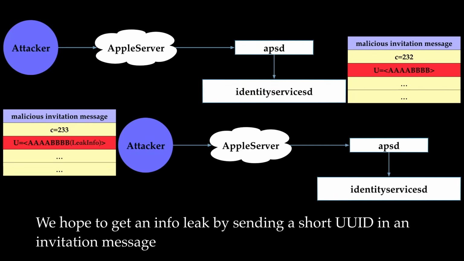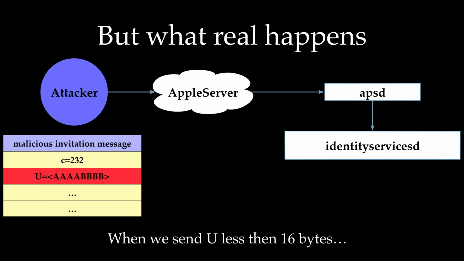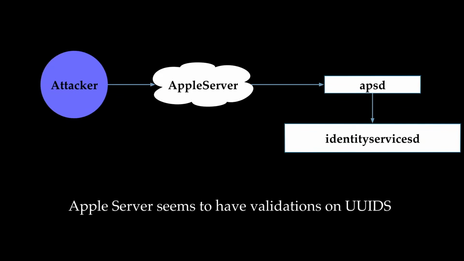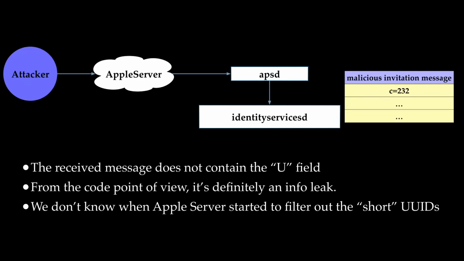We send a very short UUID, like 4 bytes or 8 bytes, and we want to get some leaked value on the stack. But when we really did that, we found something very interesting. When the UUID is very short, for example less than 16 bytes, we don't know what happened on the Apple server. It seems the Apple server had some validation on the UUIDs, because on the receiver side the UUID just disappeared.